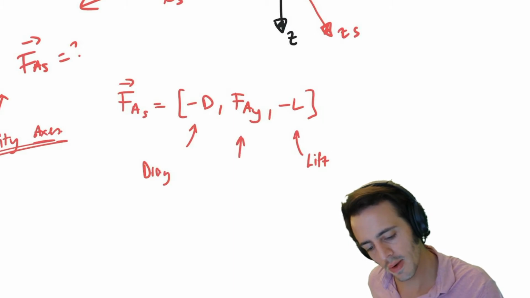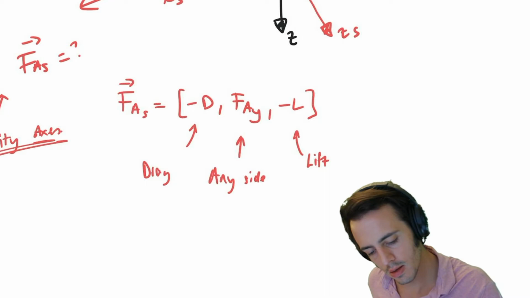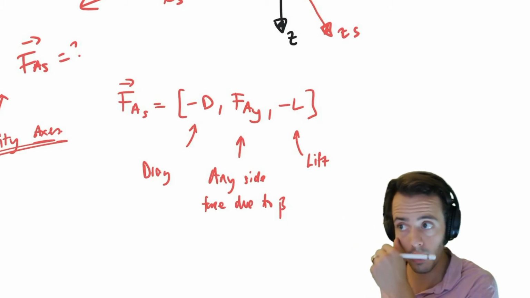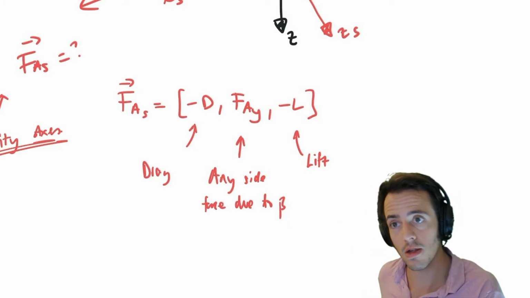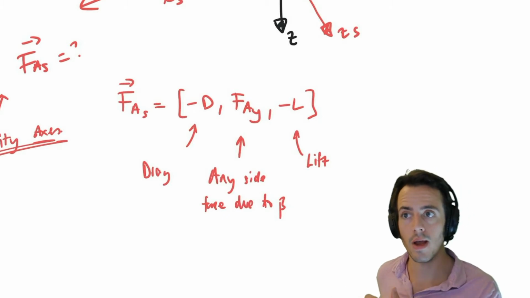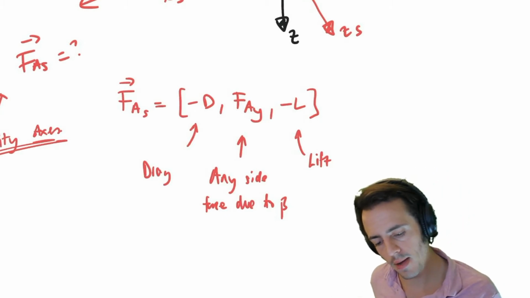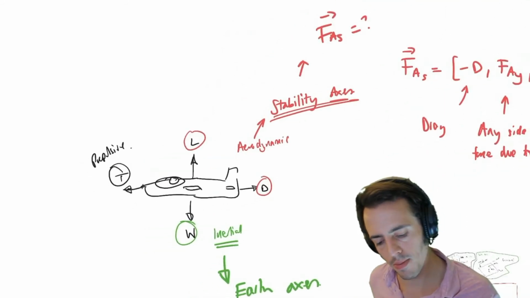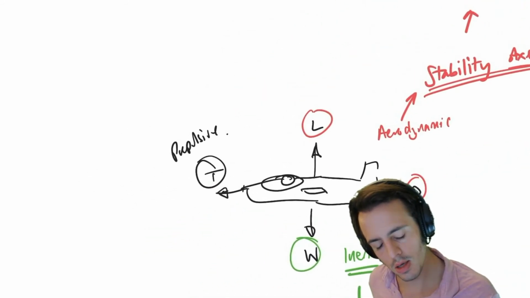We'd actually also include any side force. If we do have some side slip, we'll have a projection of our drag in the sideways plane that would give us this side force here.